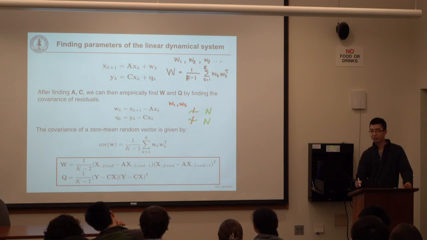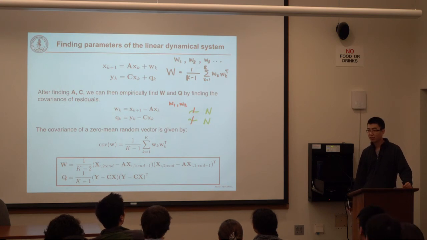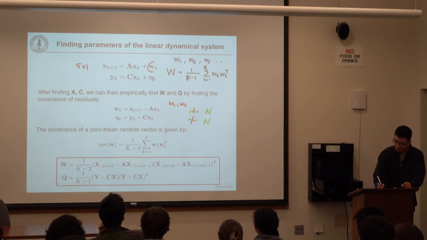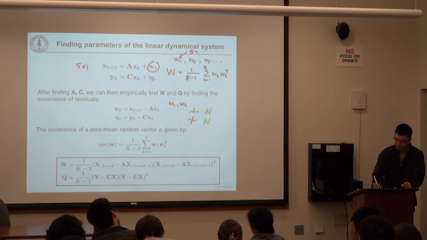So is that then a matrix? It should just be a scalar, right? So let's say that the xk is 5-dimensional, a 5x1 vector, then these w1s, w2s are also 5x1 vectors.